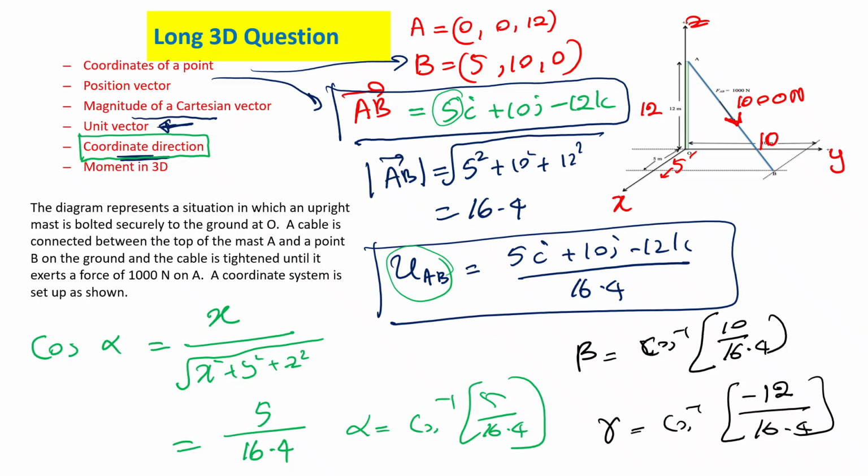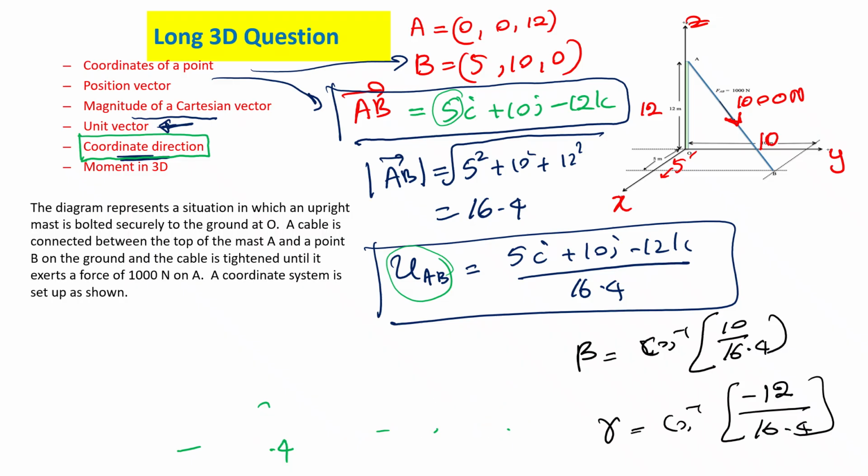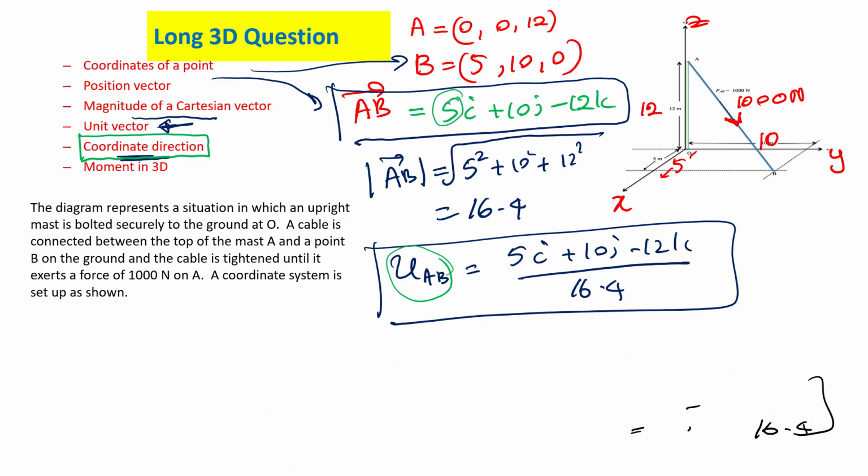Any question? What is the relationship between alpha, beta, gamma? If you know two angles, you can find the third angle. What is the relationship between these three? Cos squared alpha plus cos squared beta plus cos squared gamma equals 1.